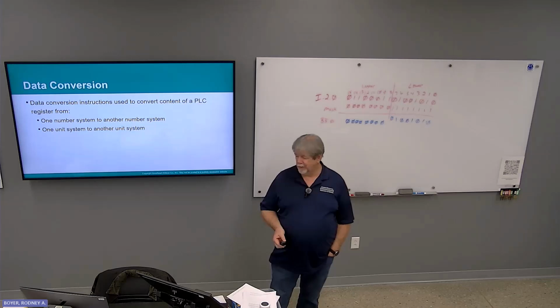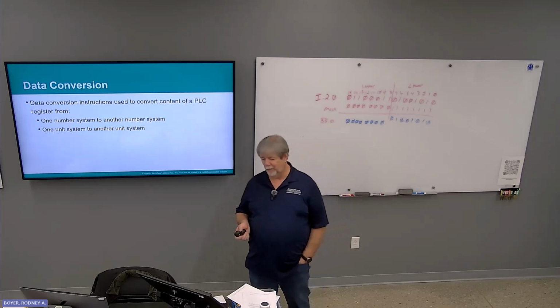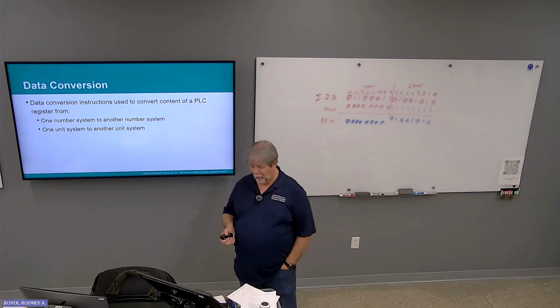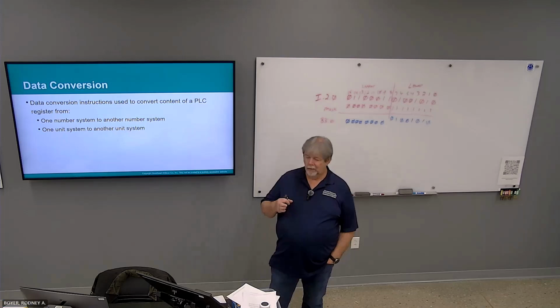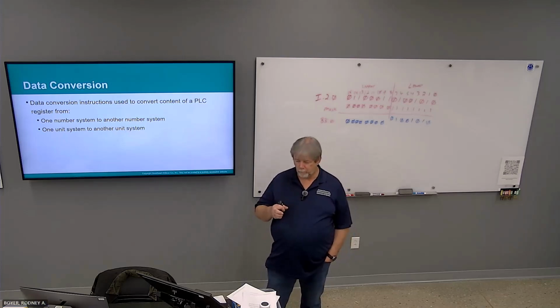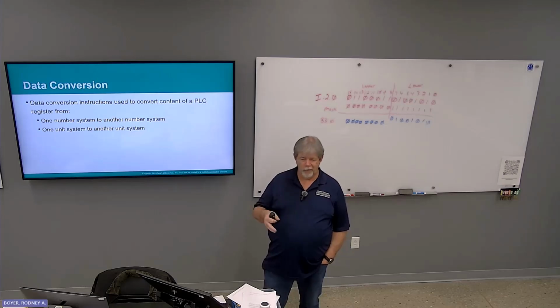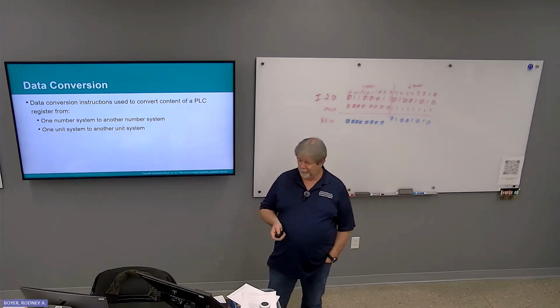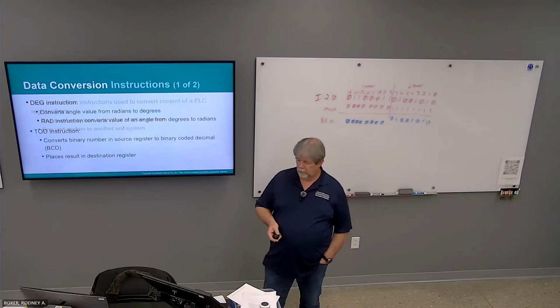Data conversion instruction used to convert content of a PLC register from one number system to another, or one unit system to another unit system. So you can copy from integer to integer, or go from integer to float and that sort of thing. Data conversion degree converts angle from radians to degrees.